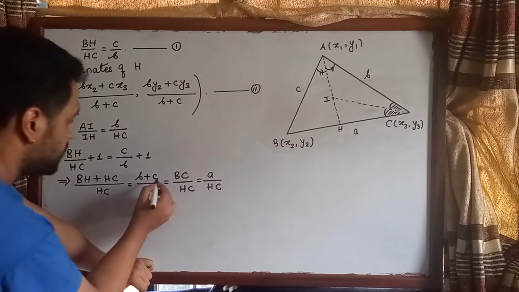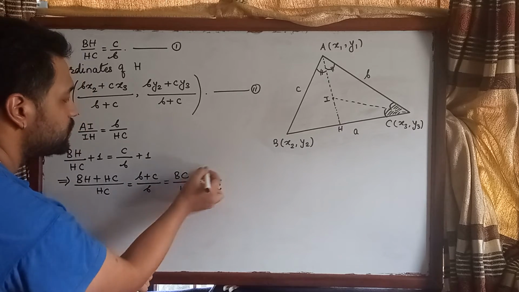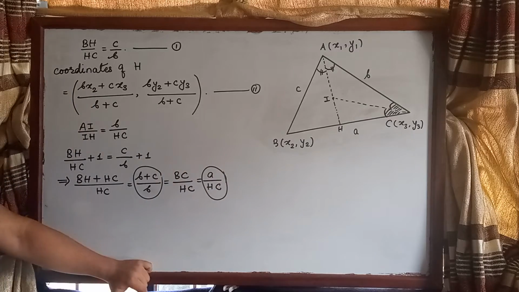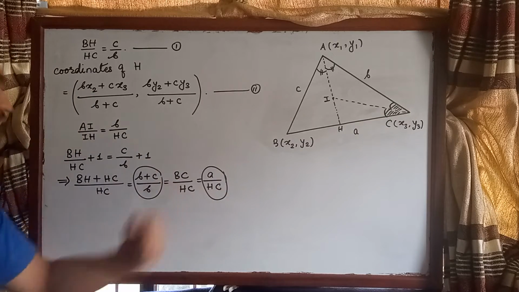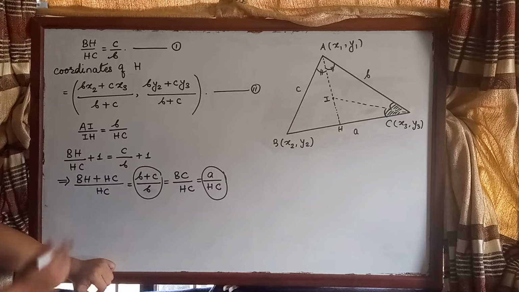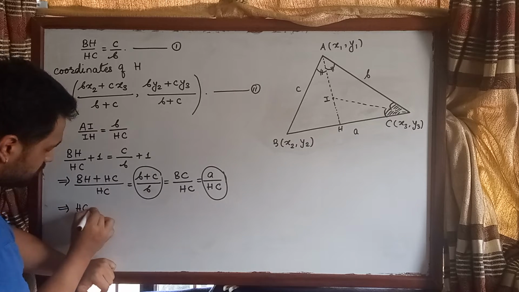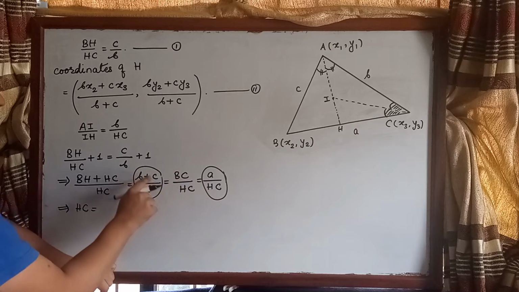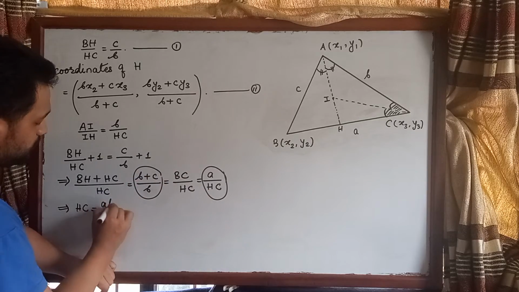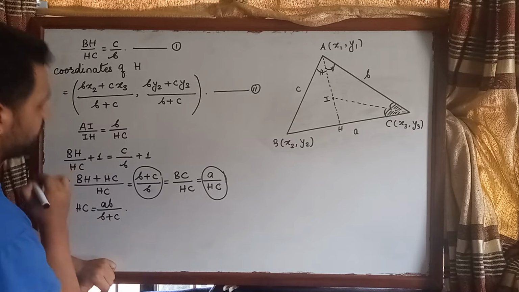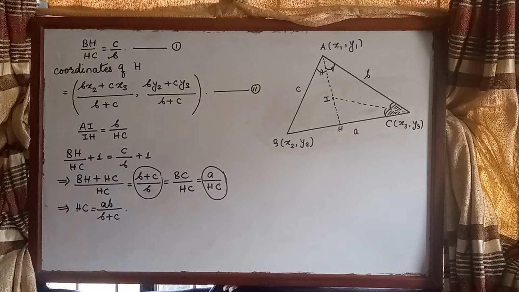Now from these two things inside the circular things, we'll be getting HC is equal to AB over B plus C. Okay, AB over B plus C.